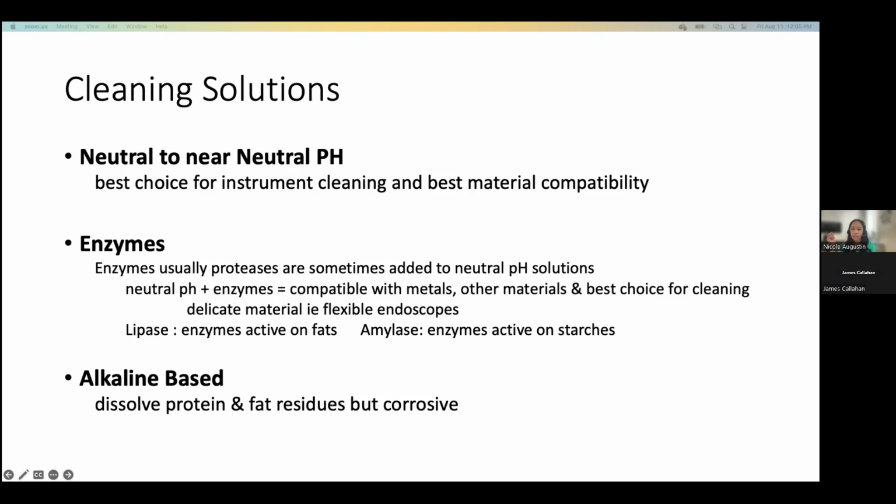The most important thing to remember about cleaning solutions with enzymes is to rinse. It's important to rinse because it removes any residual enzymes, because these can cause adverse reactions that can affect the users. Alkaline-based cleaning agents are also used for processing medical devices to help dissolve the protein and fat residues. Again, however, this can be very corrosive.